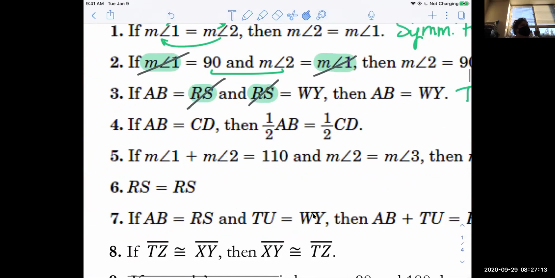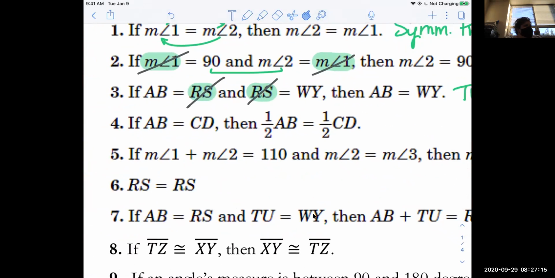If AB equals CD, then 1/2 AB equals 1/2 CD. Paul, what do you think that is? Tell me why you think it's division. I think it's because if you're dividing each one by 1/2.